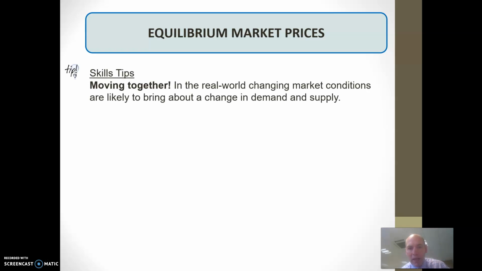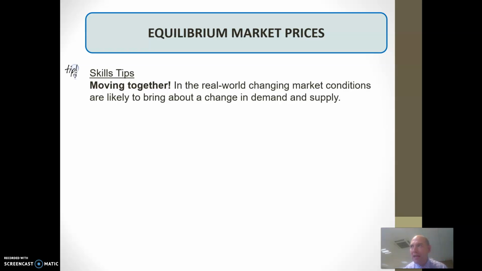Now in the real world, I think it's fair to say both demand and supply will be changing all the time. In terms of demand, whether it's income, the prices of substitutes or complements, interest rates, tax rates, population, advertising, all of these things are changing all the time.